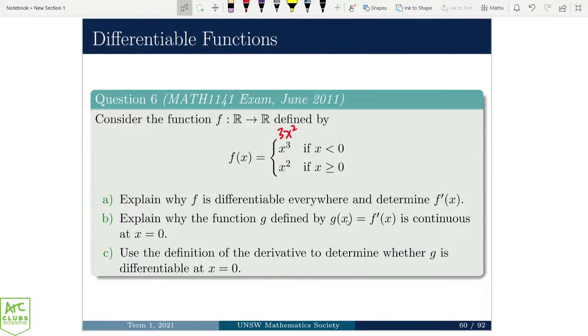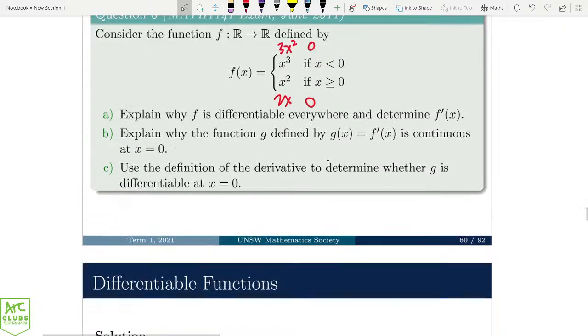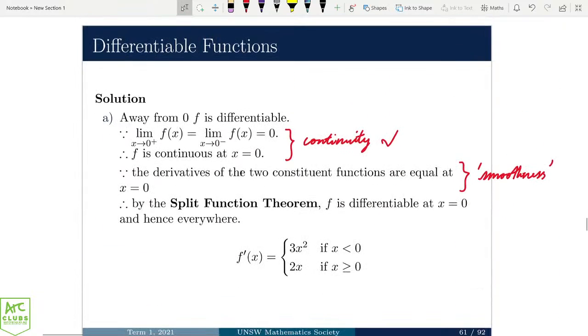So when x is equal to 0, that's going to be 0. Similarly, we have 2x here as our derivative, and again, when x is equal to 0, our derivative will also be equal to 0. That's what we mean when we say the derivatives of these two constituent functions are equal at the boundary, which is x equals 0.